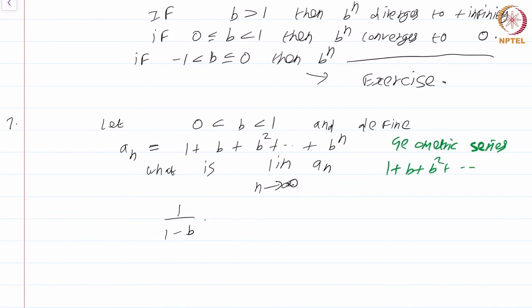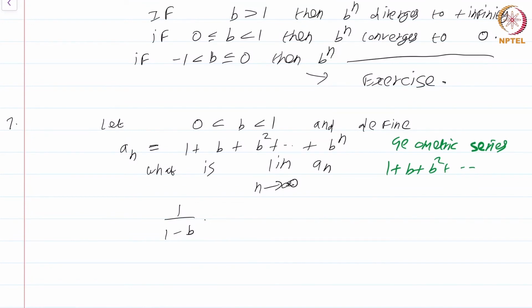So this geometric series will serve as a motivation. In fact, this was related to what we saw in that story about chocolate wrappers. So this series converges to 1 by 1 minus b.